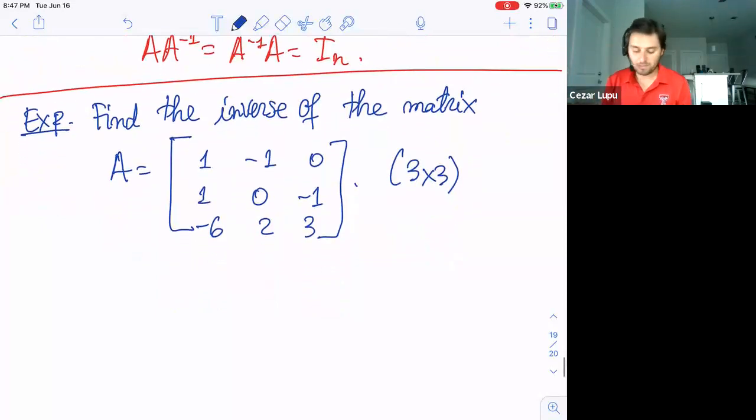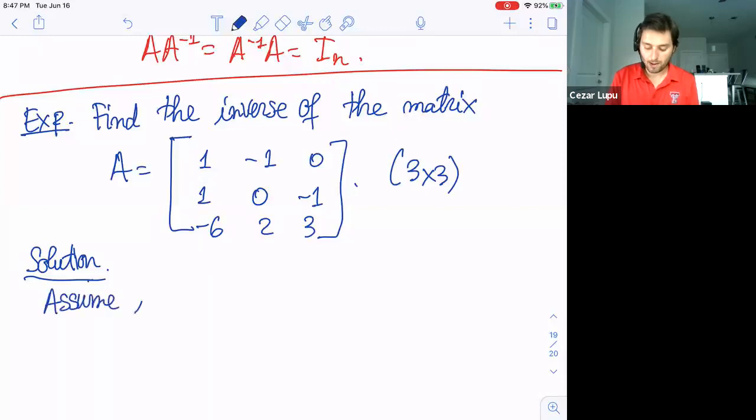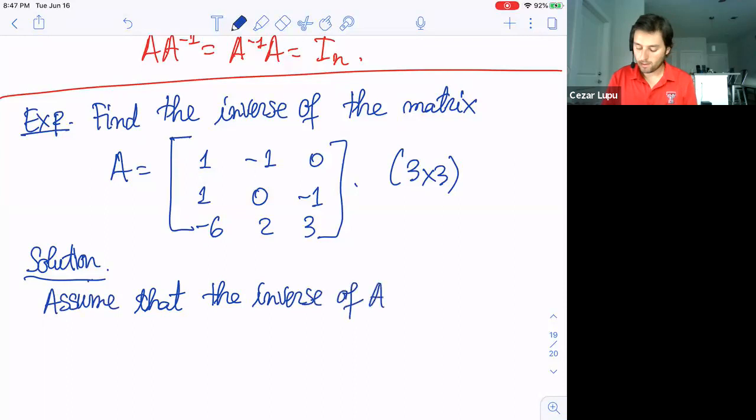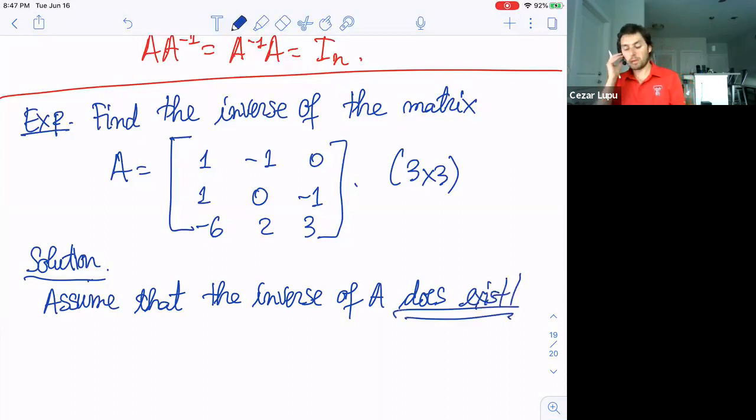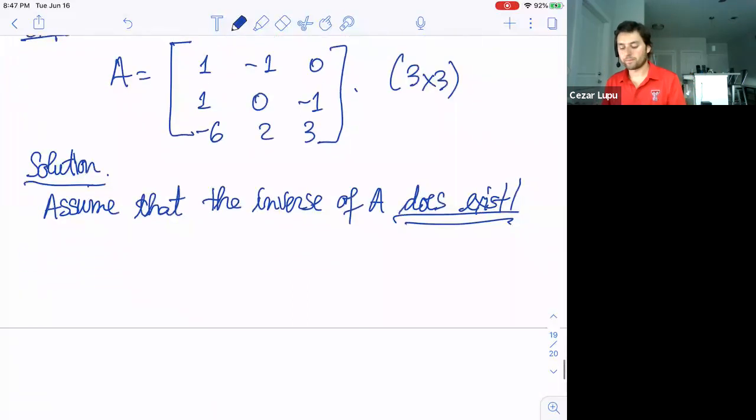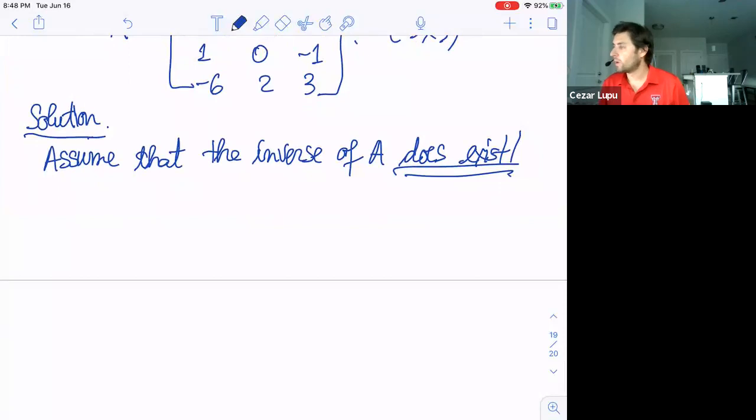But now let's apply the procedure, assuming that the inverse of A does exist. Big assumption. Huge assumption. Okay.